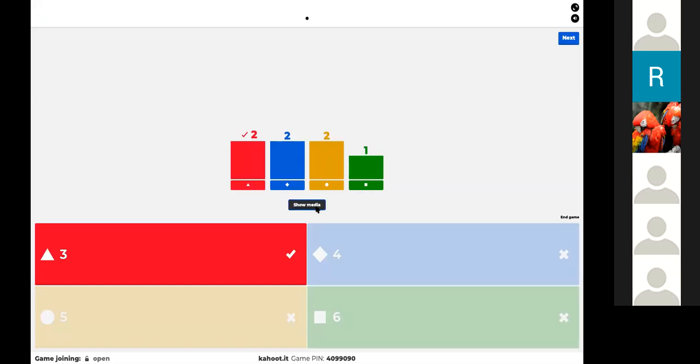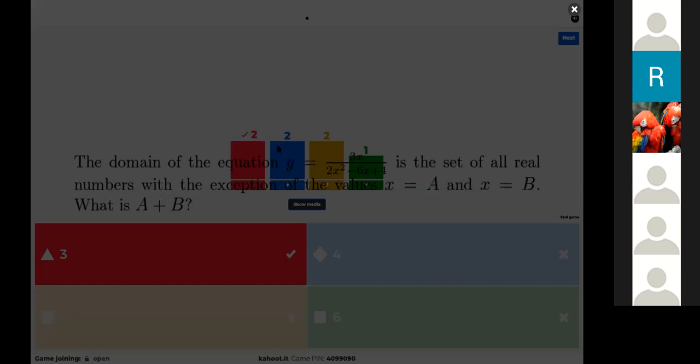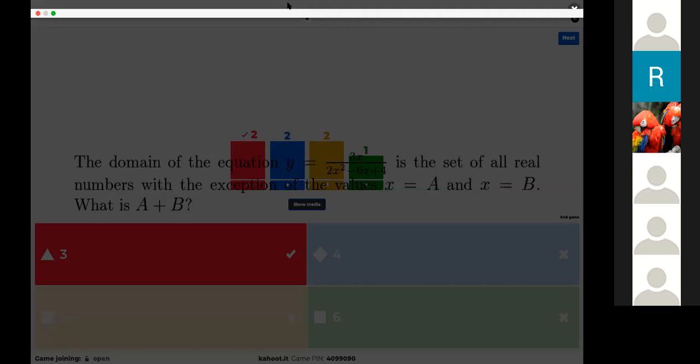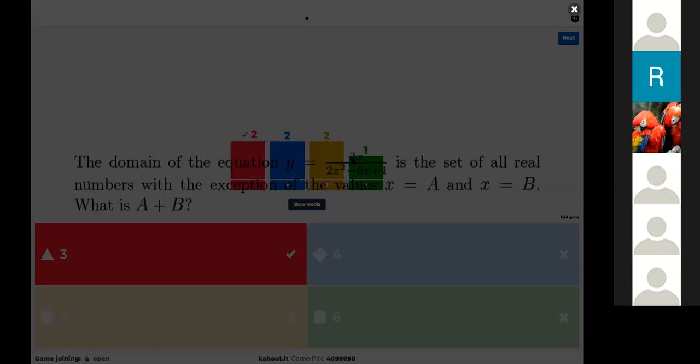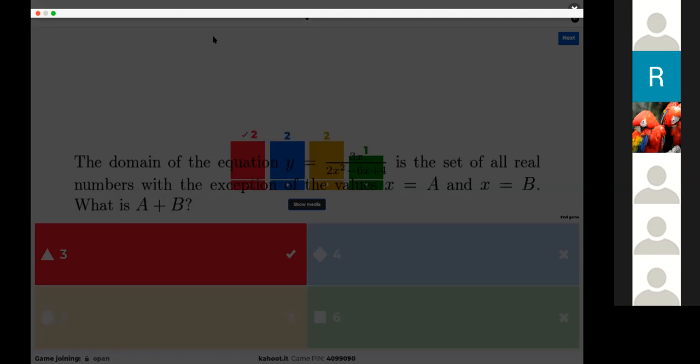So you have this quadratic on the bottom, and if it equals 0, then the equation can't produce a value. So, wait, hang on.